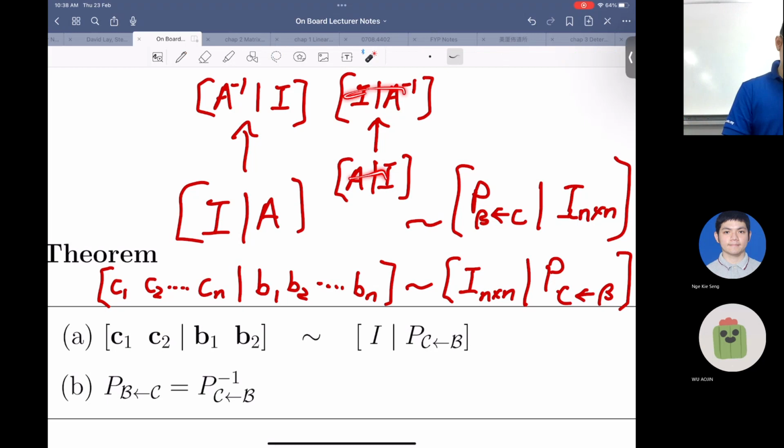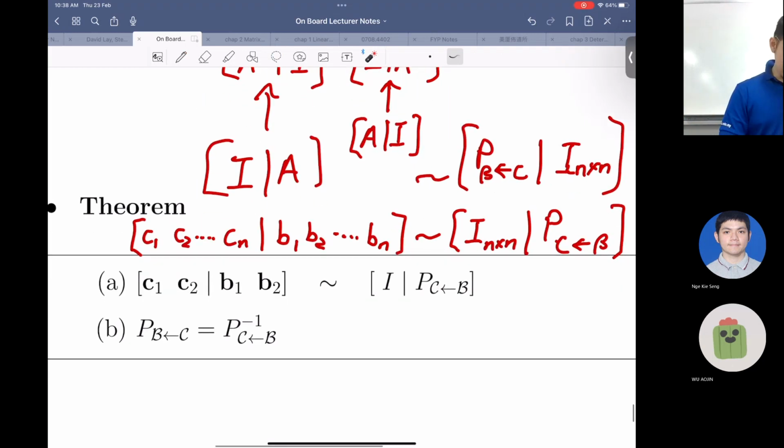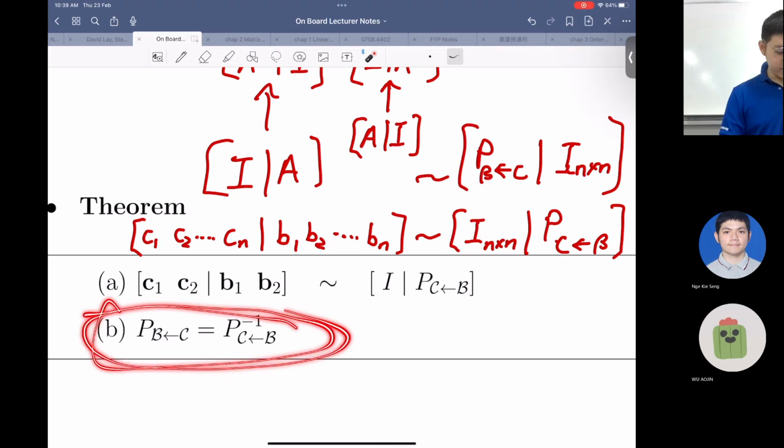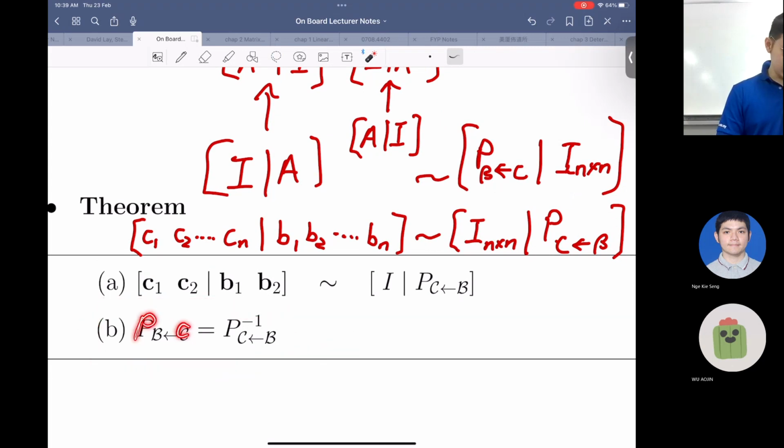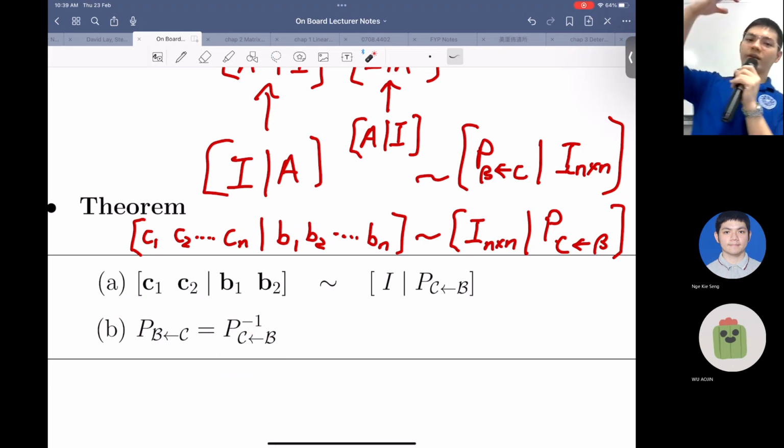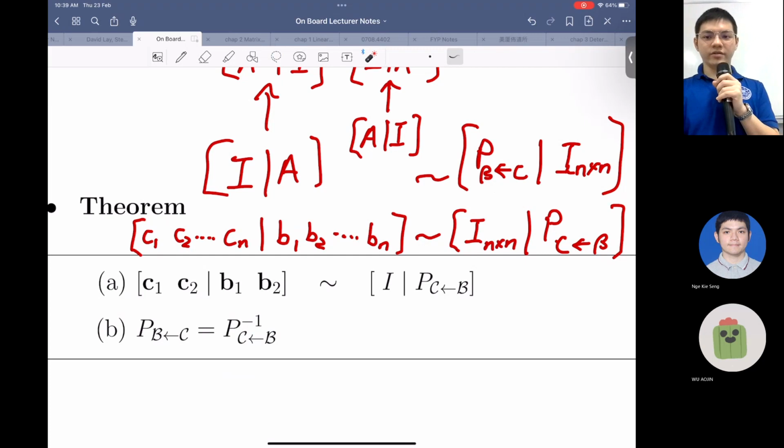So B is what we established at first, so T from C to B is just the inverse of T from B to C. The inverse changes the direction here, and it can be absorbed by the direction, which is kind of natural. Inverse going back, so your matrix also goes backward.